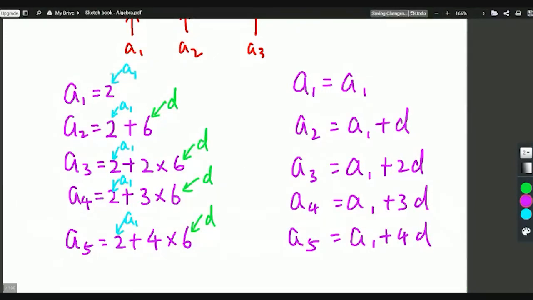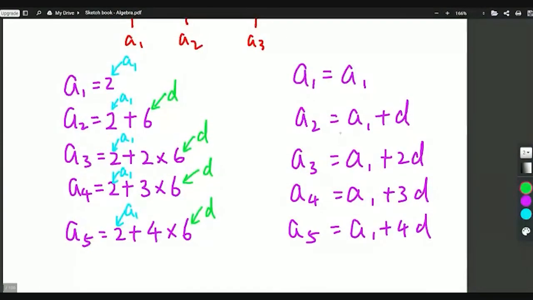Because every 2 here is actually the A1, and every 6 here is the D, the common difference. So I am writing it like this: A1 is A1, A2 is A1 plus 1D, A3 is A1 plus 2D, A4 is A1 plus 3D, and A5 is A1 plus 4D.